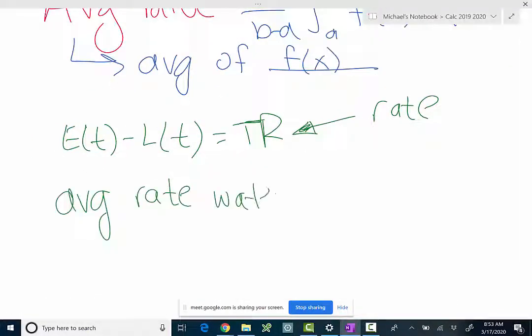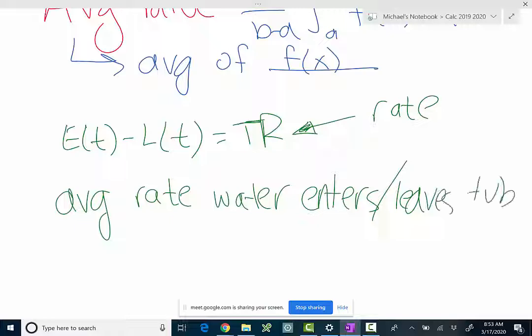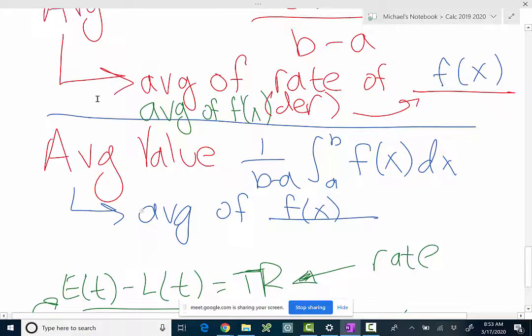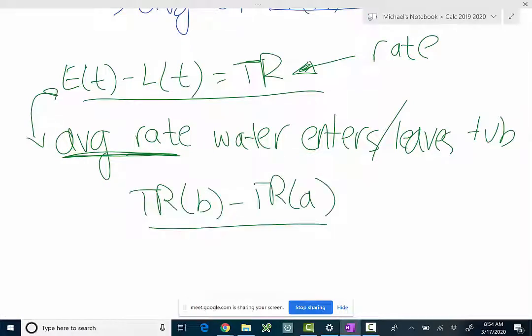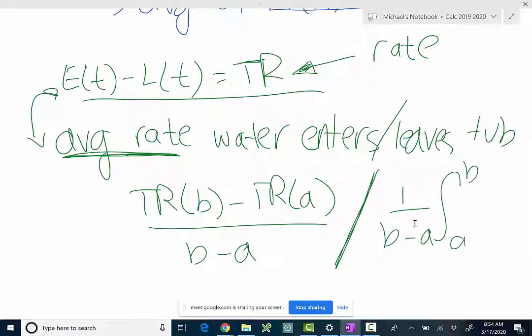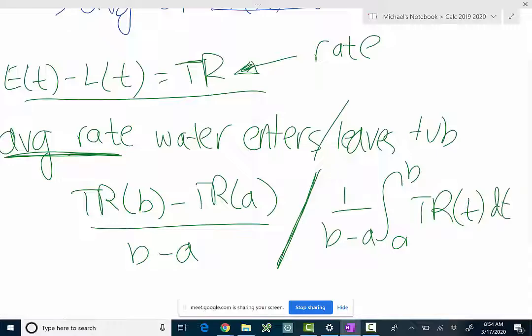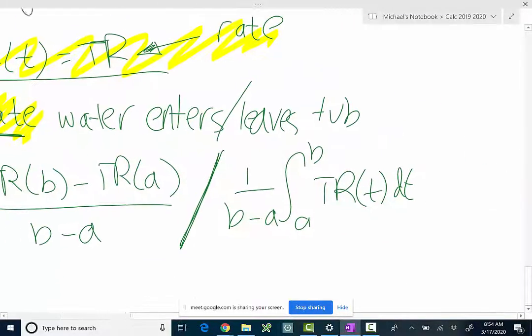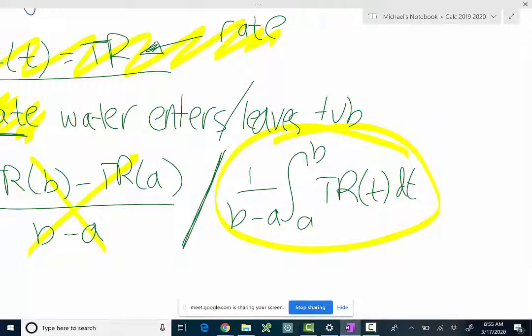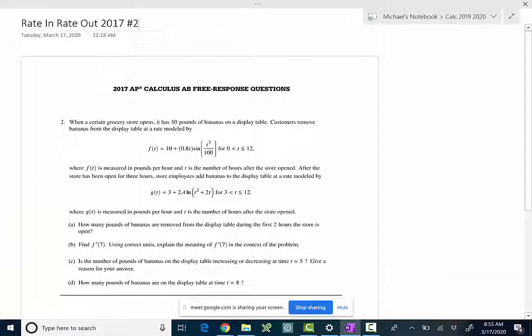So if we have E of T minus L of T as our rate, if they want the average rate that water enters or leaves the tub, we're thinking, is it average rate of change or average value? Those would be the formulas. But because we're given average rate and we have a rate, we want to do average value because it's kind of our same thing. So we're going to jump into a couple examples here.